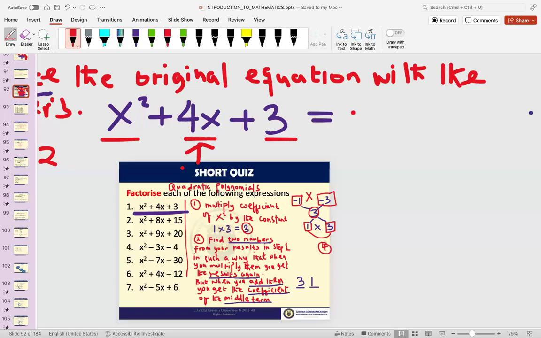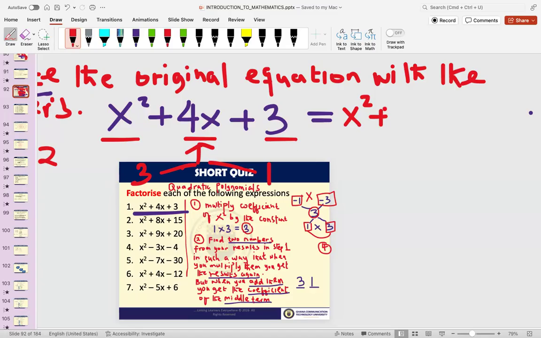So now our equation becomes x squared plus, instead of 4x, we know that the numbers we had for 4 were 3 and 1. So we are going to split it into 3 and 1. So this is how we write them.